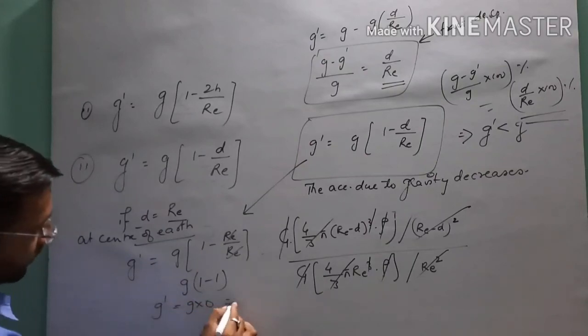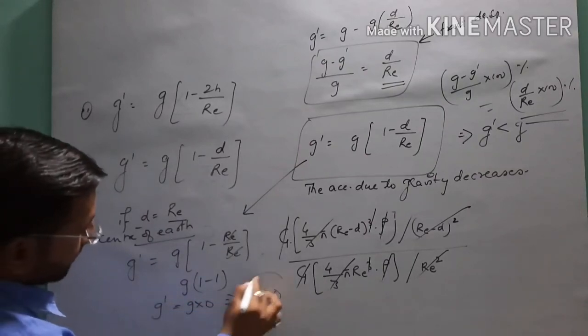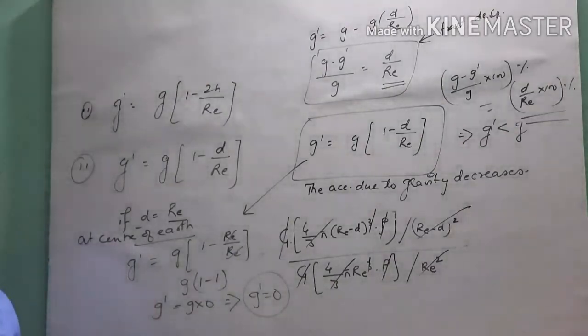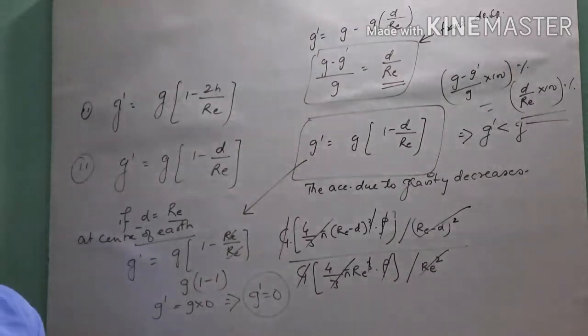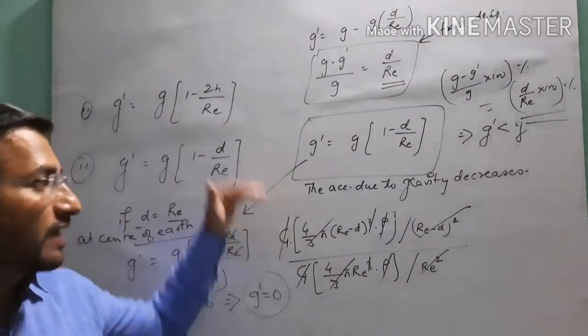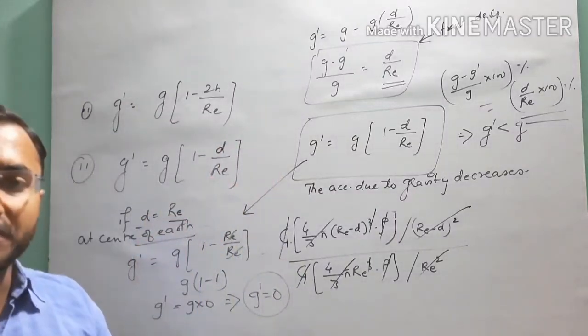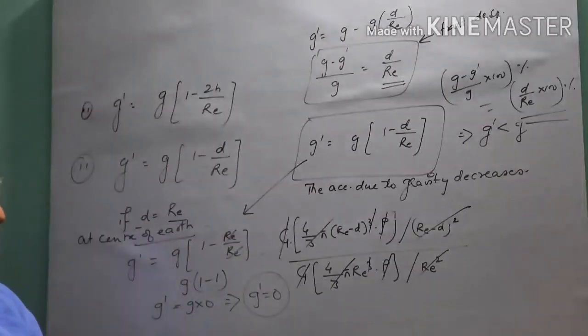So at the center of the earth we will see the value of acceleration due to gravity is 0. Point clear? So these are the two cases in which we can see the variation of g due to the effect of altitude and due to the effect of depth. Point clear? So to understand them, revise all two topics and practice in your notebook.